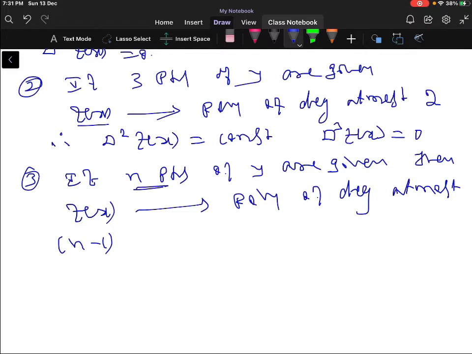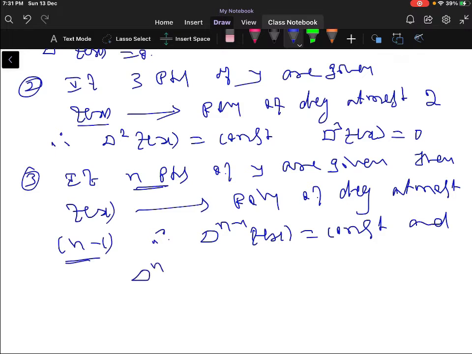If there are n points, we can determine a unique polynomial of degree at most n minus 1. Therefore, delta to the power of n minus 1 of f of x is equal to constant, and delta n of f of x is equal to 0. We can conclude by the theorem.